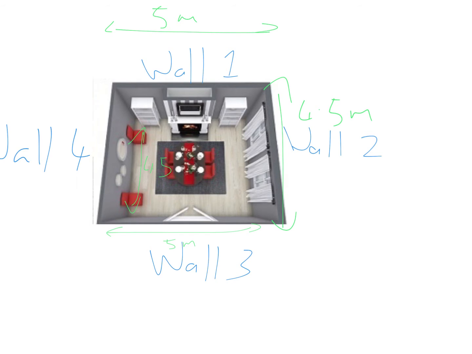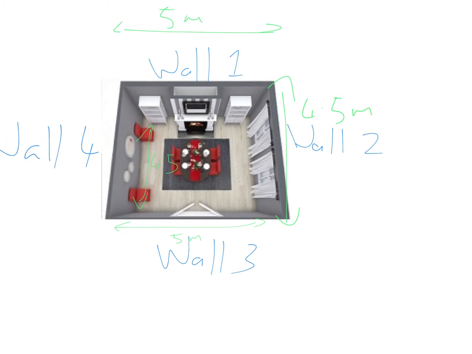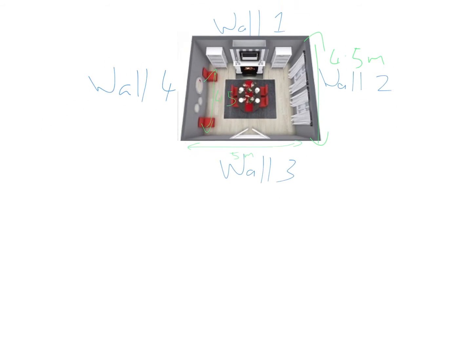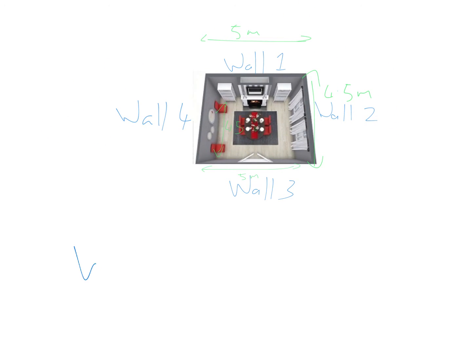Let's say we measure the height of the room and it is 2 meters, or we'll say 2.2 meters high. So for wall 1, we know that it's 5 meters wide and 2.2 meters high.